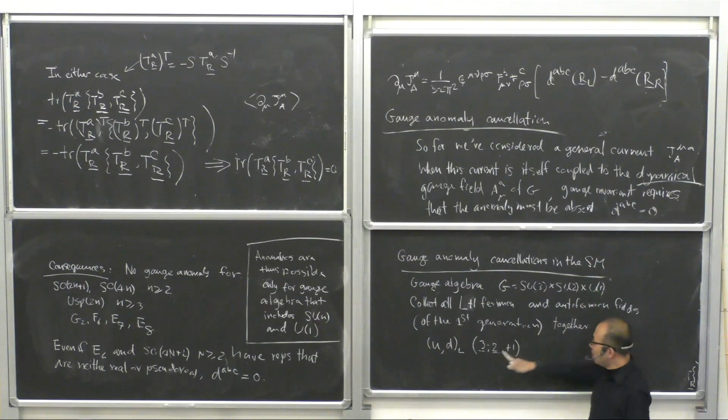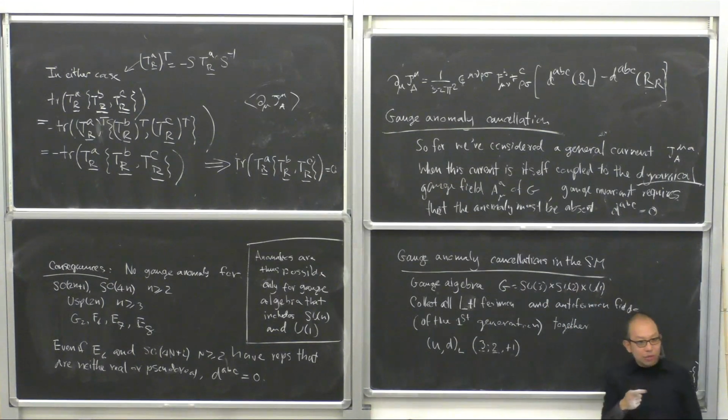This 3 is the fundamental representation of SU(3), this is the fundamental of SU(2), and this carries +1 charge. I will normalize the U(1) charge so that it's an integer. In the standard textbook way, you divide everything by -1/6, by -6.